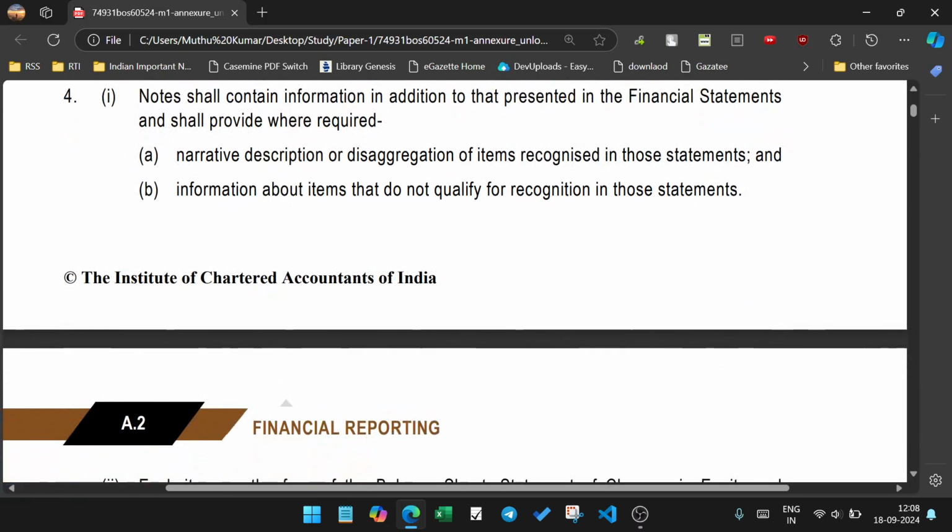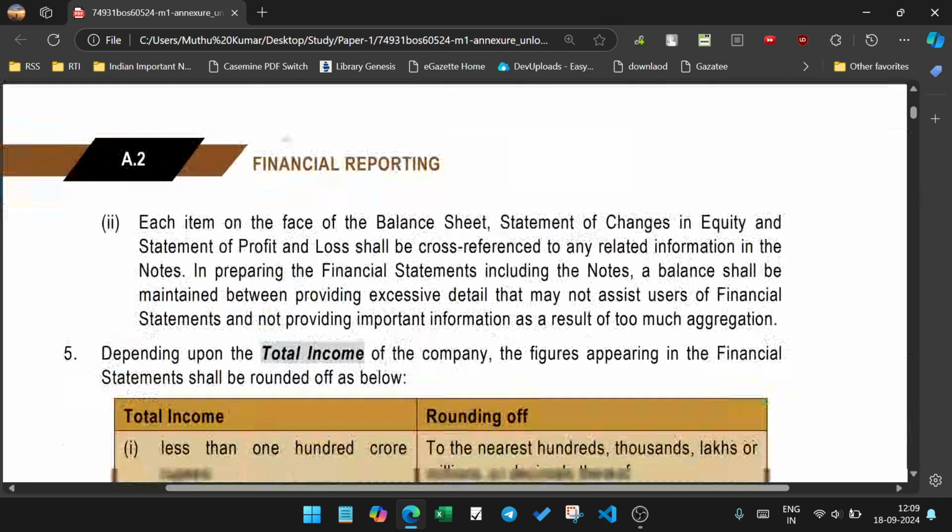Notes shall contain information in addition to the presentation of financial statements and shall provide a narrative description or disaggregation of items recognized in the statements, and information about items that do not qualify for recognition in the statements.